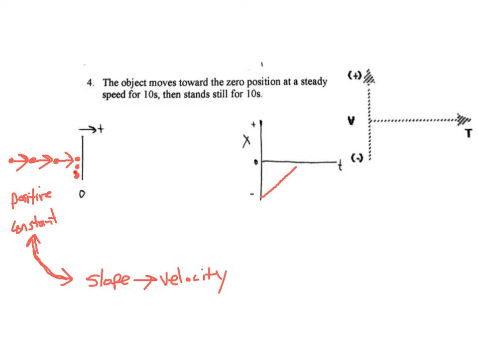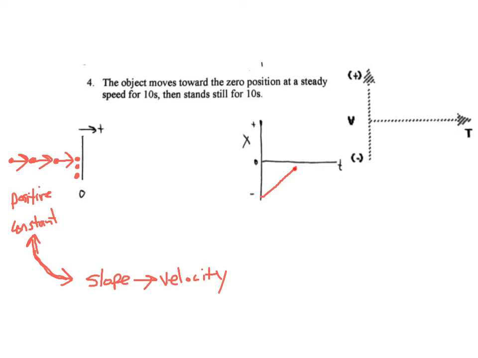How do I show that the object stopped? And notice my dots are short of the 0 position, not all the way to the 0 position. Why do you think I stopped my line here short of the 0 position? Because my last arrow did not get to the 0 position, and my object is at rest now, standing still, short of the 0 position, which means now this section, how do I show that I have 0 velocity?